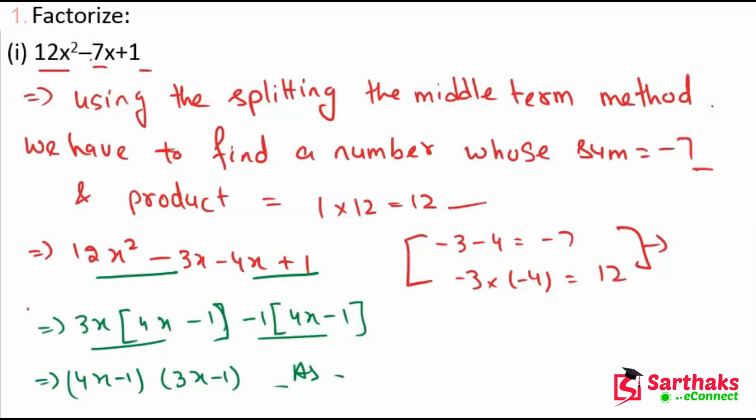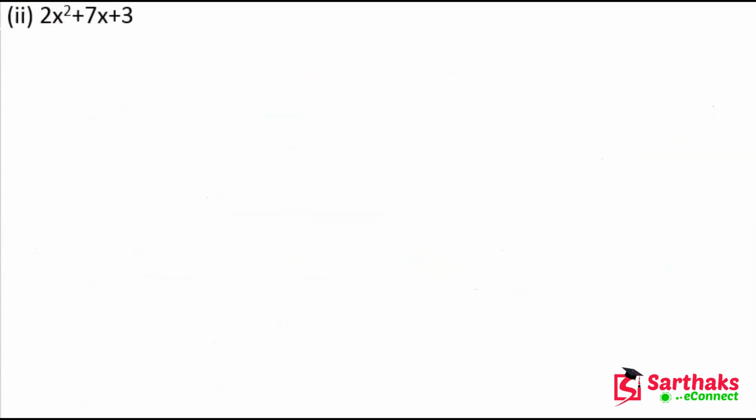Yes. So the next part is, my dear friends, we have to find the factors of this polynomial p of x, 2x square plus 7x plus 3. We have to split this middle term.